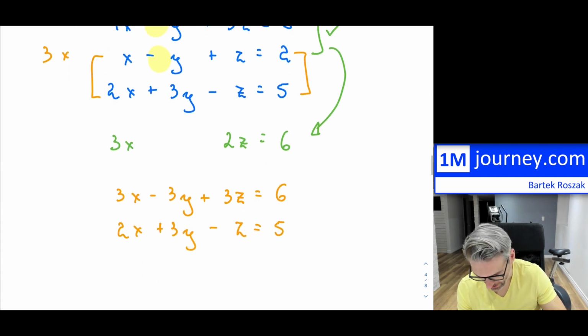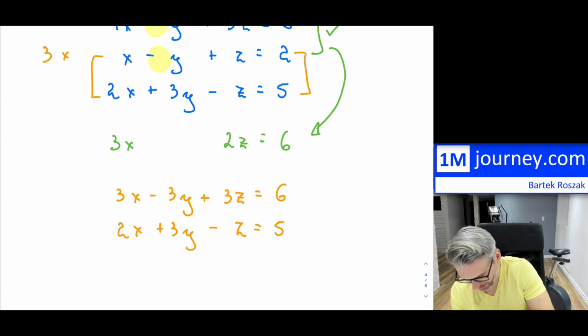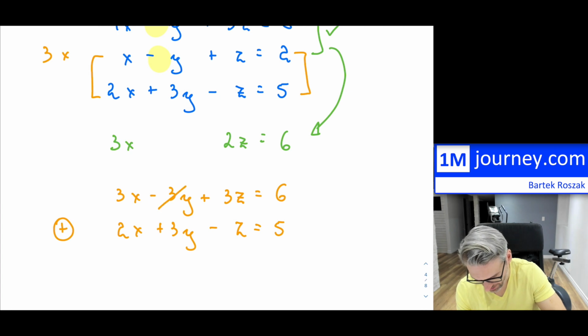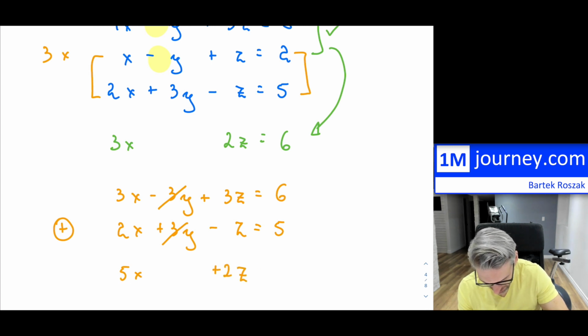Now I'm not going to subtract them, I actually have to add them so that I get rid of the y. So this is going to be 5x, added together, minus z plus 2z, that's plus 2z, and then this is 11.